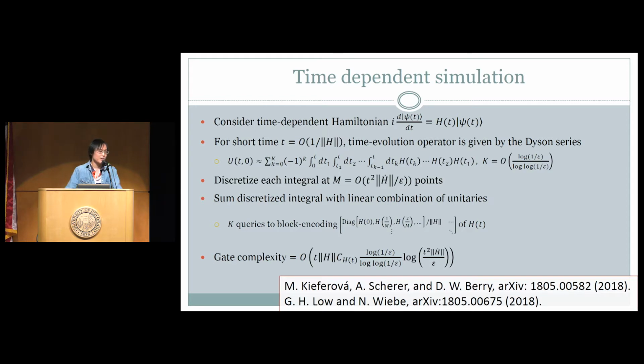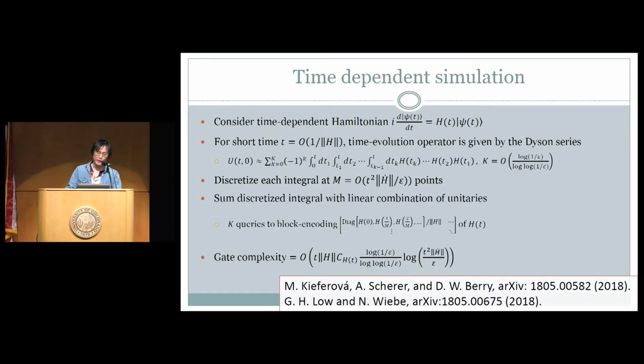So now, this is in terms of integrals, but we can't do integrals on a quantum computer. We can only do sums. So this means we need to discretize the integrals. And if you just do some analysis, you'll find out that the number of points you need to discretize the integrals at scales linearly with the error, 1 over the error, and linearly with the time dependence of your Hamiltonian. So that is a maximum spectral norm of the time derivative of your Hamiltonian.